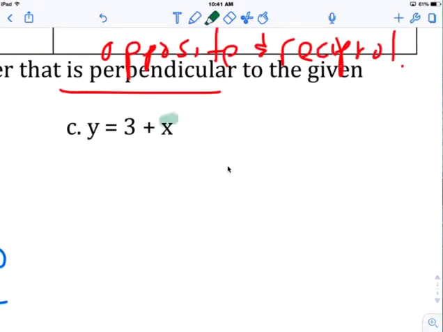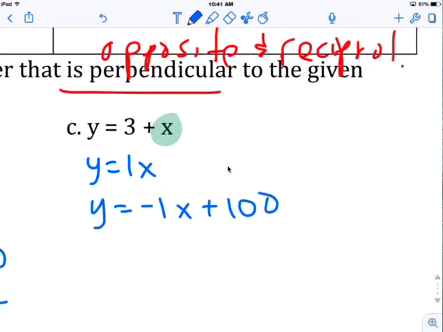Parallel, slope has to be the same. y equals 1x, doesn't have to add anything, plus 0. Perpendicular: y equals opposite and reciprocal, negative, this is 1 over 1, so the reciprocal is still 1, x plus 100. This is parallel, this is perpendicular.